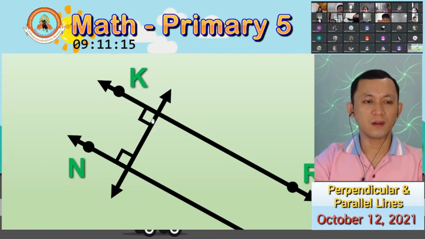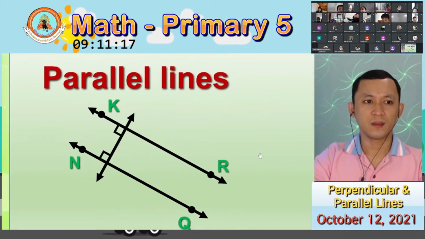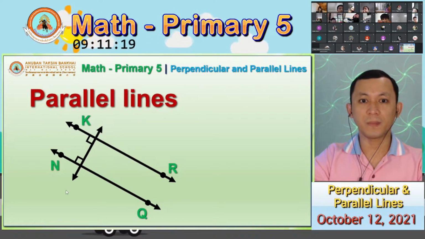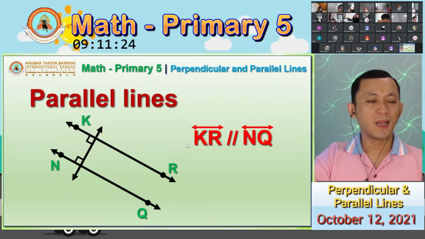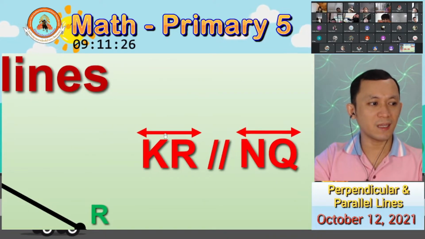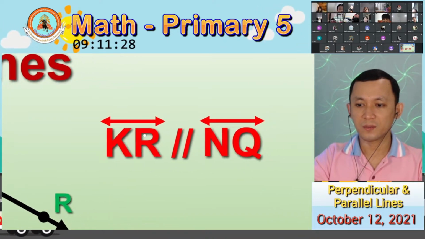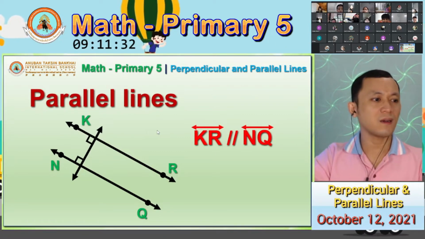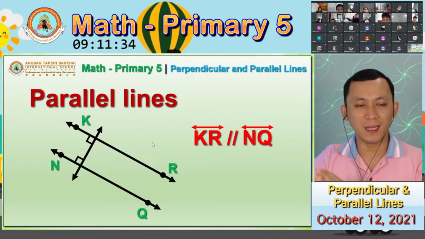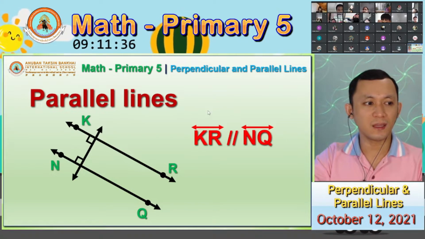Okay, so there are 2 squares. There is a perpendicular line here. So we can call this line KR. Look at the symbol carefully. Okay, line KR is parallel to line NQ.